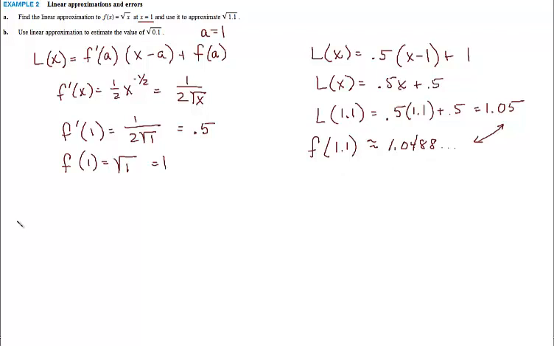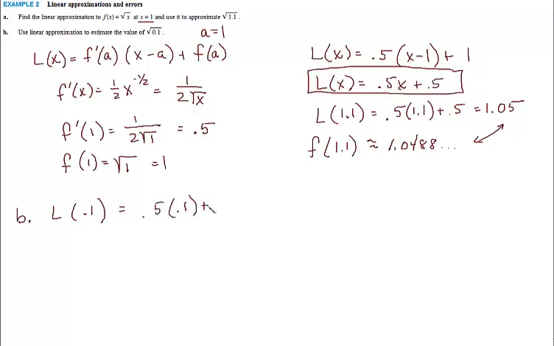Next up, they want me to use this same formula that I just got for my linear approximation of the square root of x near 1, to try to find the linear approximation of the square root of 0.1. It's kind of further from 1 than I might like, but let's see what we get. 0.5 times 0.1 plus 0.5.